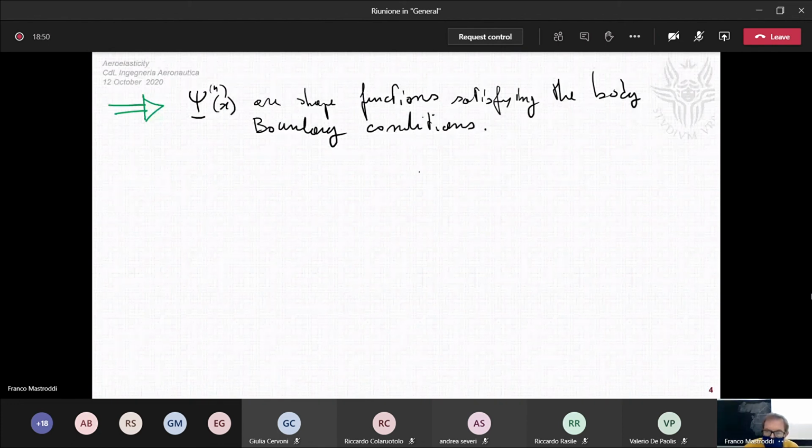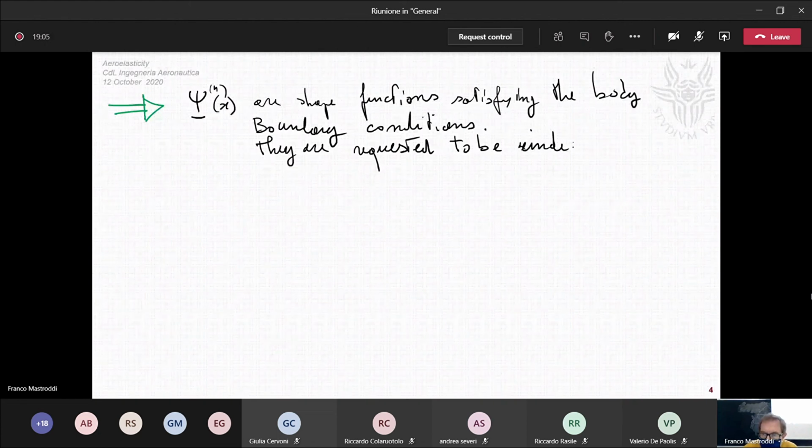And point two, they are requested to be independent functions in the X domain.